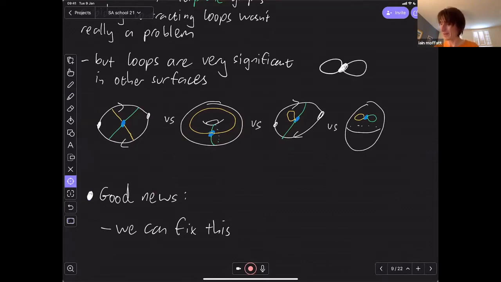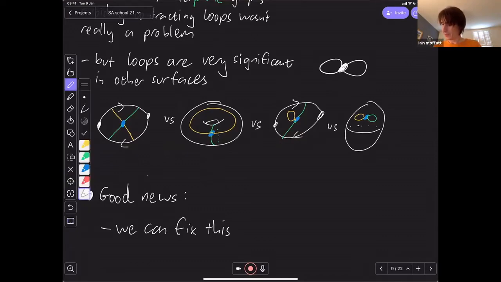But depending on the surface and how you're embedding your graph in the surface, these can be very, very different topological graphs. It can go in the sphere, the real projective plane in two different ways, or the torus. So you can't really ignore what's happening with loops when you're dealing with topological graphs.